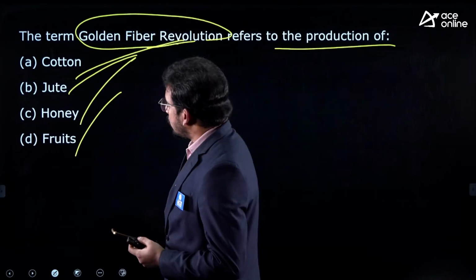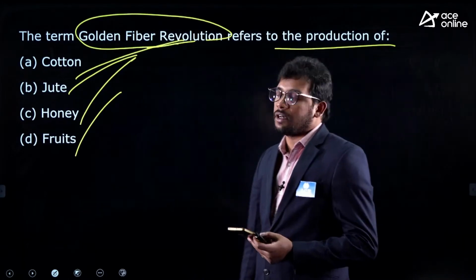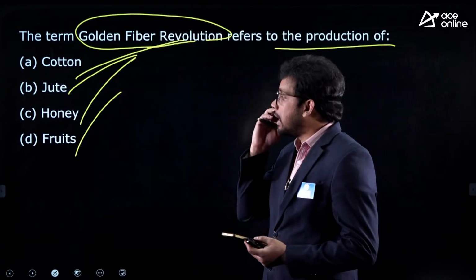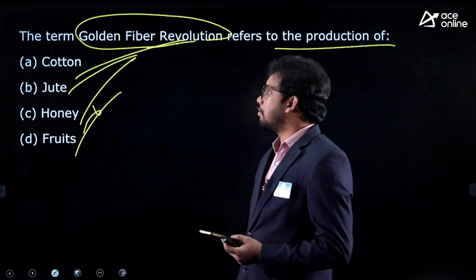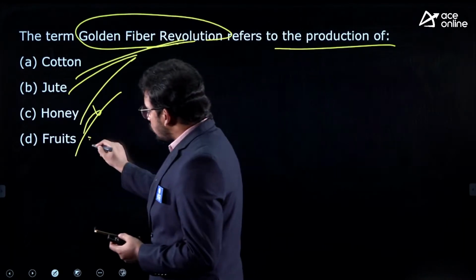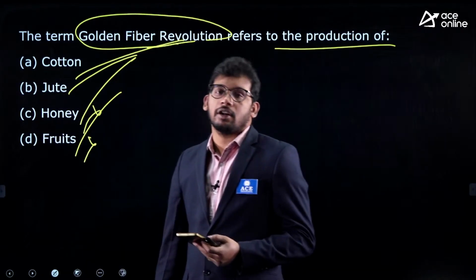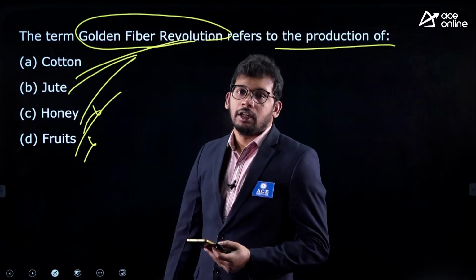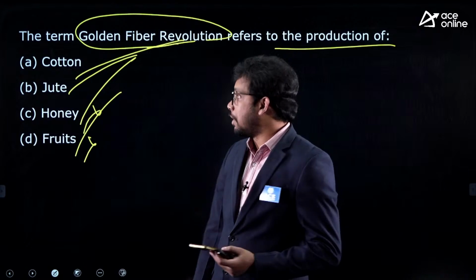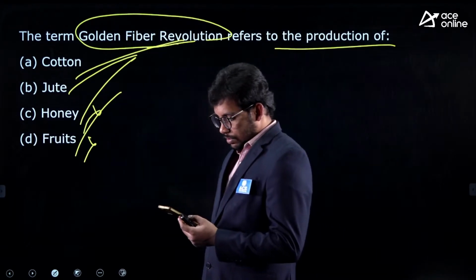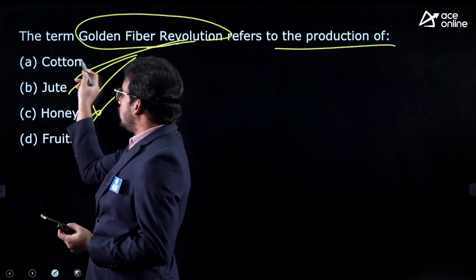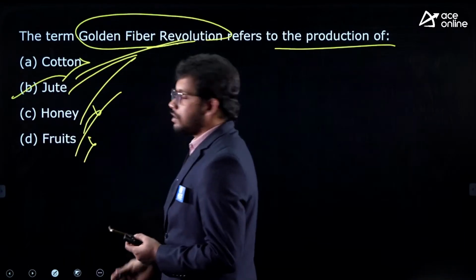So fiber, which crop out of this is a fiber in general? Honey is not a fiber. Is fruit a fiber? No, certain fruits are, but generally fruits are not fiber crops. Only a few fruits are fiber. Cotton is also not golden fiber, so the answer is jute.